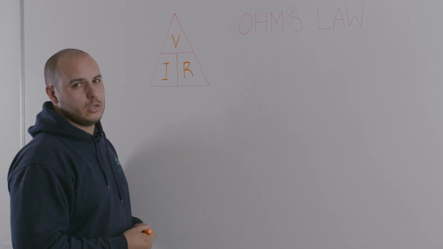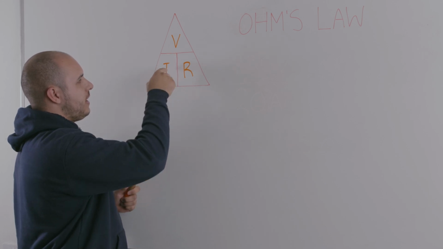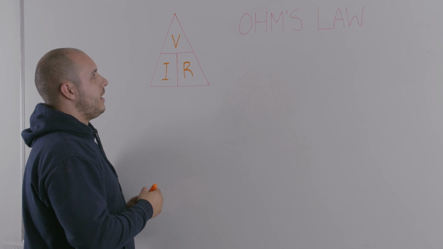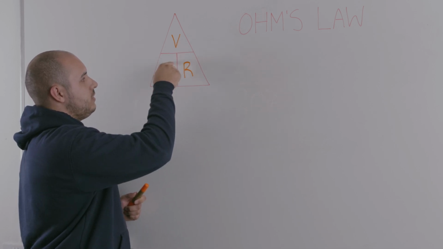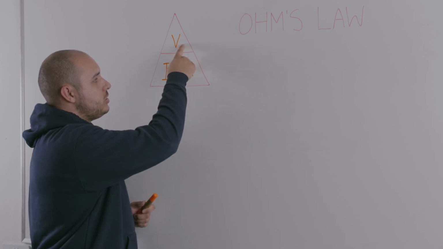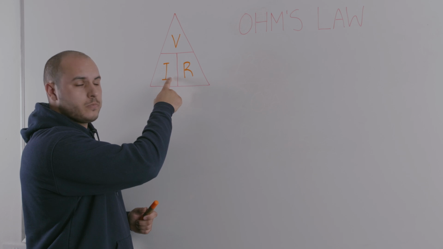So basically how that triangle looks is the voltage is always divided by one of the bottom ones to get the other bottom one. So what we mean by that is, if you was going to do voltage divided by the current, that would give you your resistance. If you did voltage divided by your resistance, you would get your value for current.